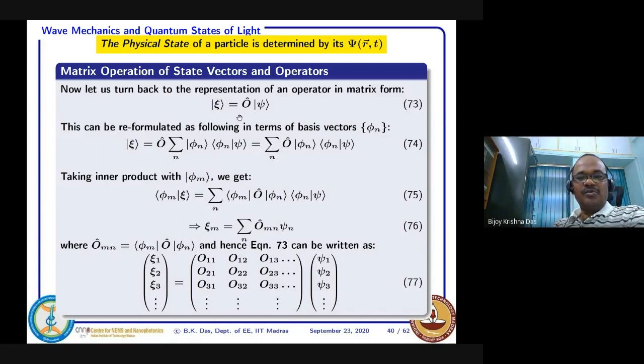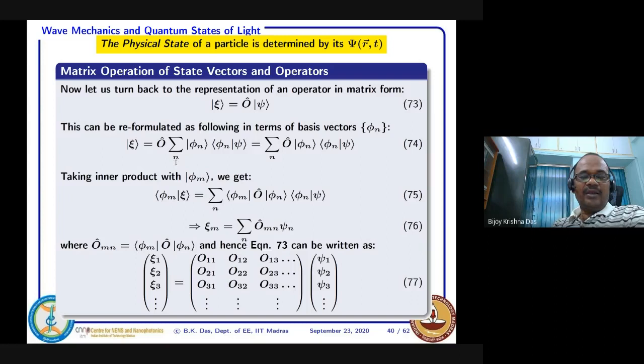I think we have used this type of formula earlier also: taking the inner product of psi with phi n means I am getting the projection of psi along phi n. Here n can run from 1 to n.